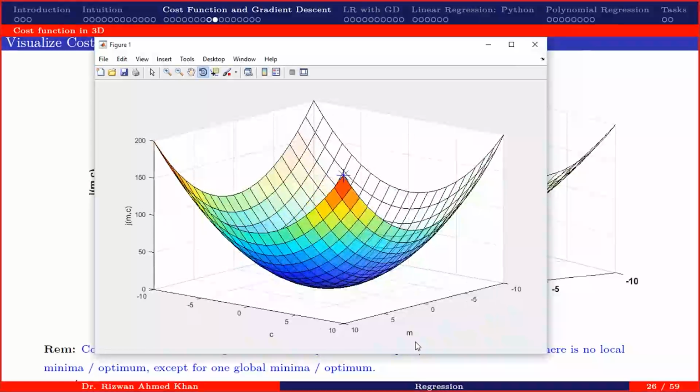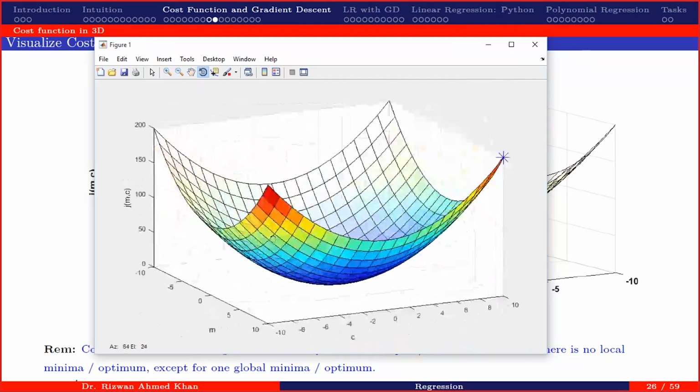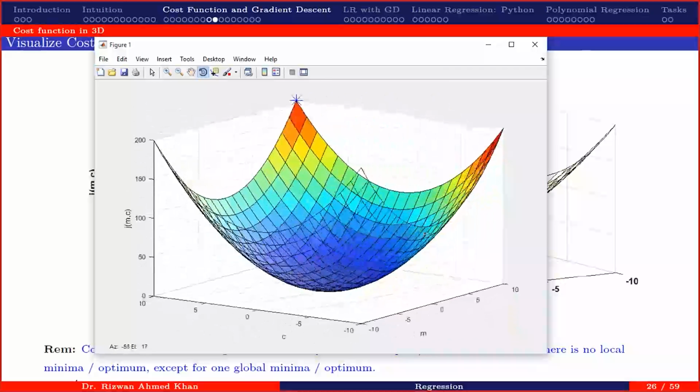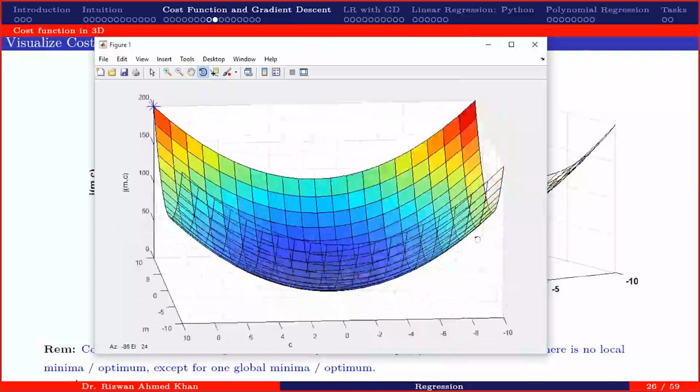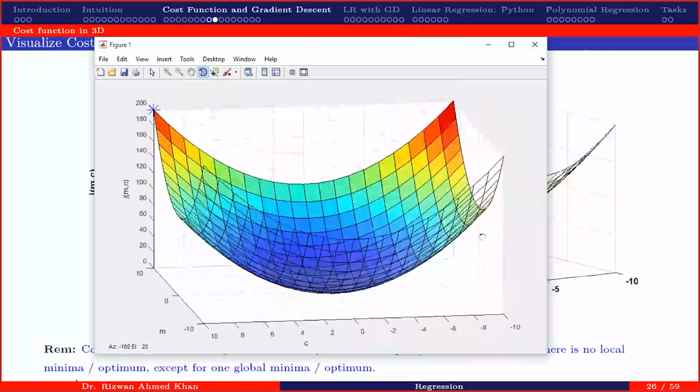Here, the two parameters m and c are given over these axes, and this is the cost. So actually the height over here gives the cost value. m and c are two different parameters, and the height of this function gives the value of the cost. So you can just see and visualize that cost function in 3D.